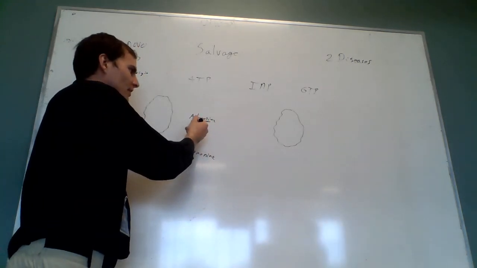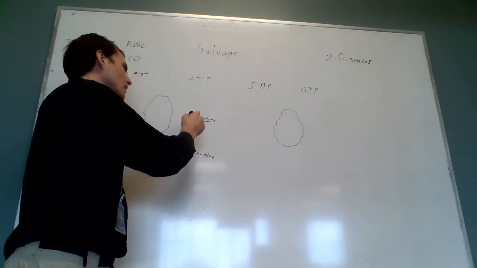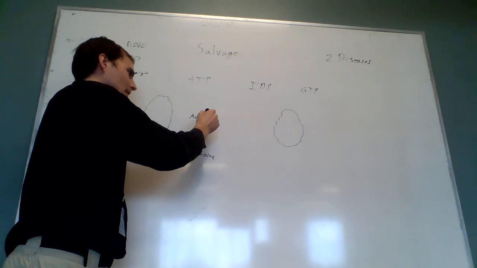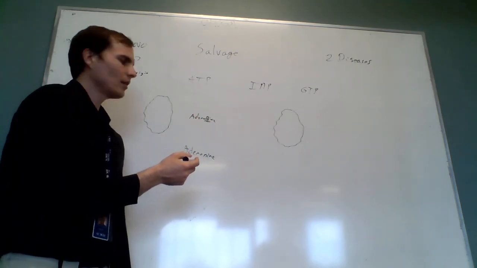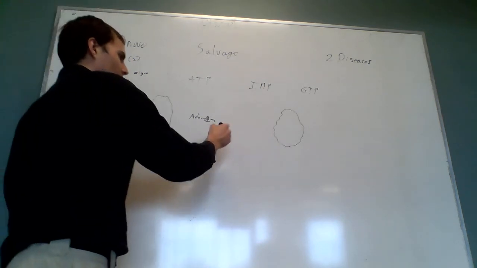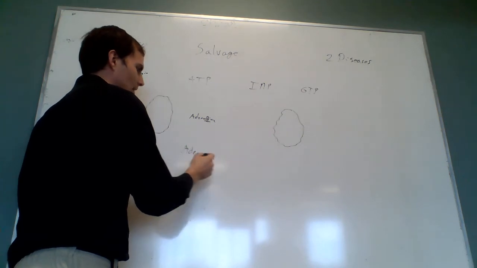So you can remember that the difference between adenosine and adenine is that there's an S, and this one has a ribose. Adenosine still has the ribose attached. And then right here there's an enzyme that we don't need to know that takes the ribose off, so adenine.